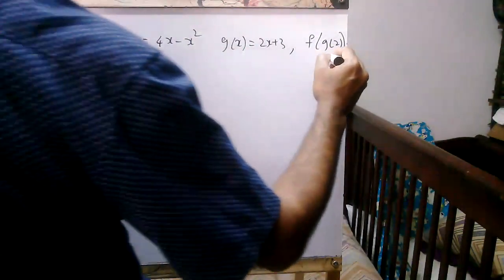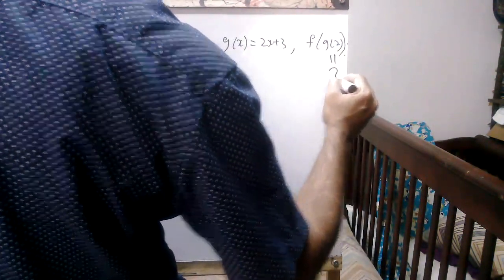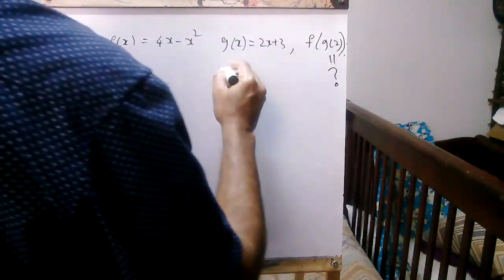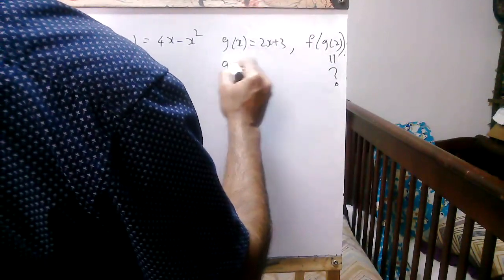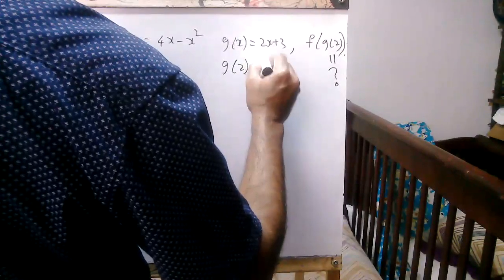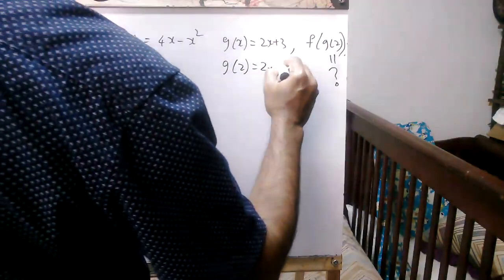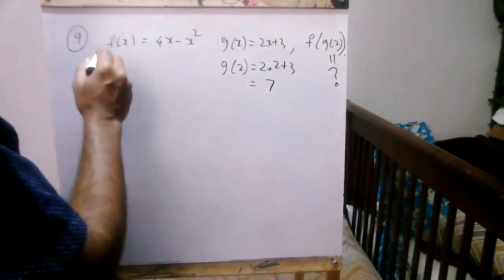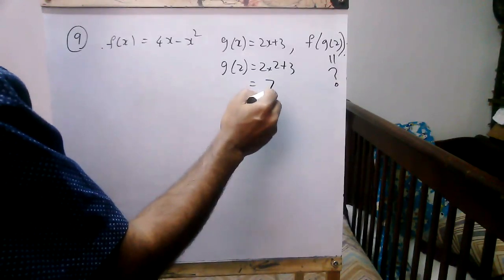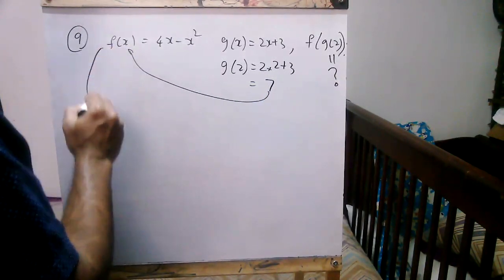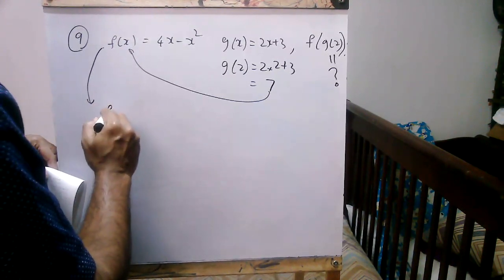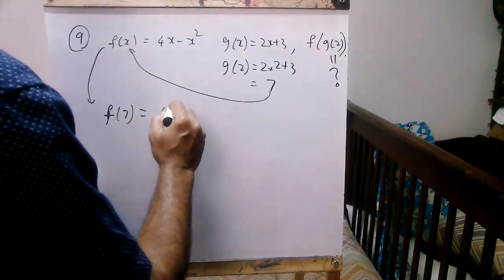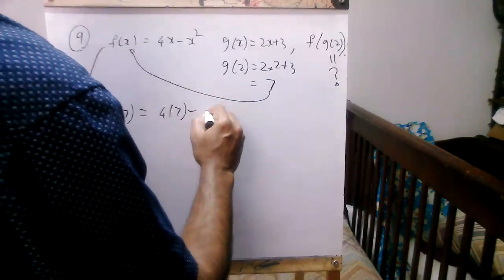So this is equal to what? That's the question. Now g of 2 we can find here. g of 2 equal to, substitute 2 here, 2 times 2 plus 3, 4 plus 3 is 7. Then substitute that 7 here, then we get f of 7 equal to 4 times 7 minus 7 squared.